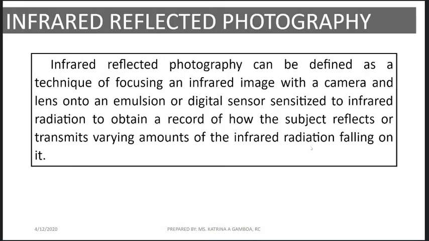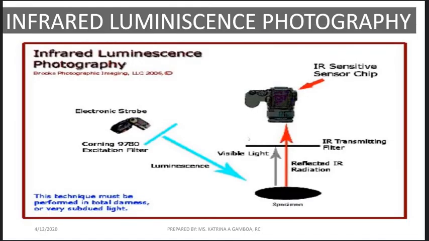So, infrared reflected photography is a technique of focusing an infrared image with a camera lens onto emulsions or digital sensor sensitized to infrared radiation to obtain a record of how the subject reflects or transmits the varying amounts of infrared radiation falling on it.